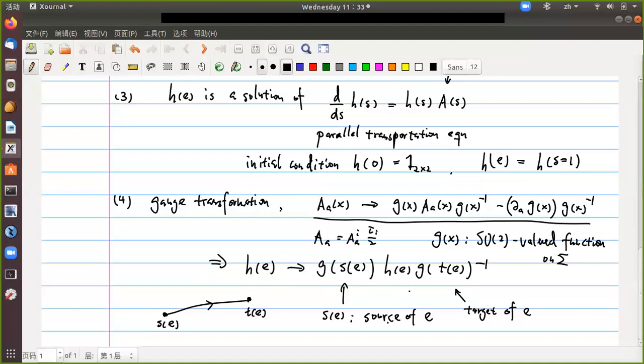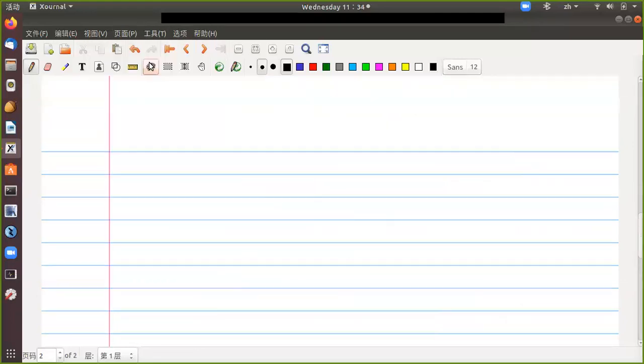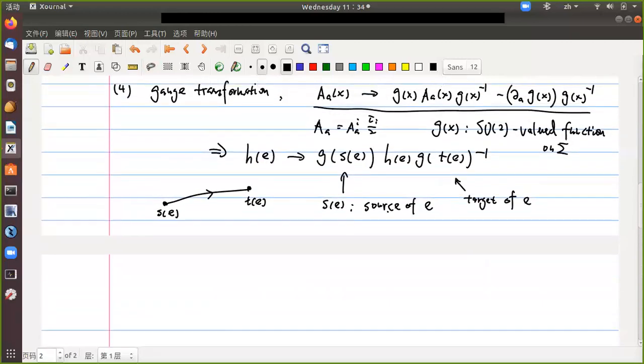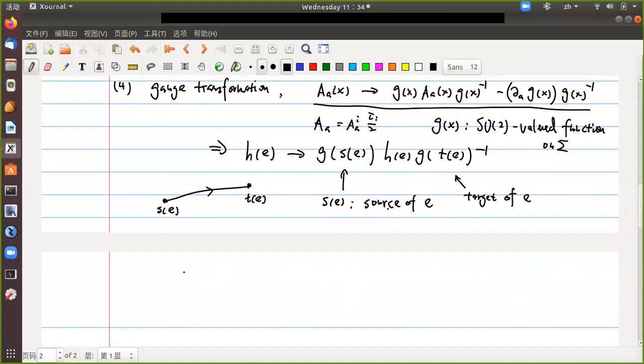Maybe from here I can relate to something you might have heard in field theory, or if not, that's also fine. Suppose you have a closed loop. Although in our current setup, we don't consider a closed loop on the lattice gamma.